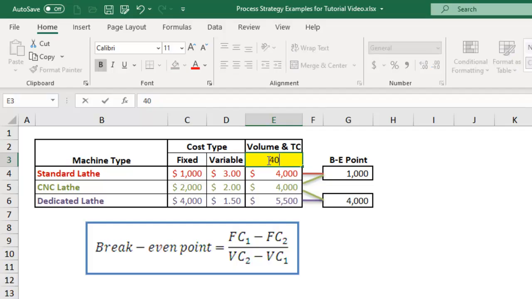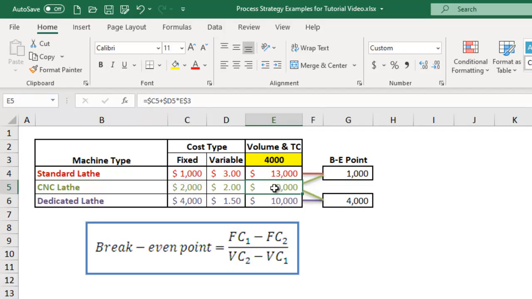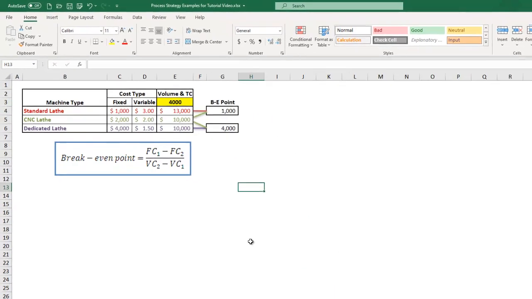And if I put 4,000 here, the volume, you'll see again that the total cost between these two processes match. Alright, well that was fairly straightforward.